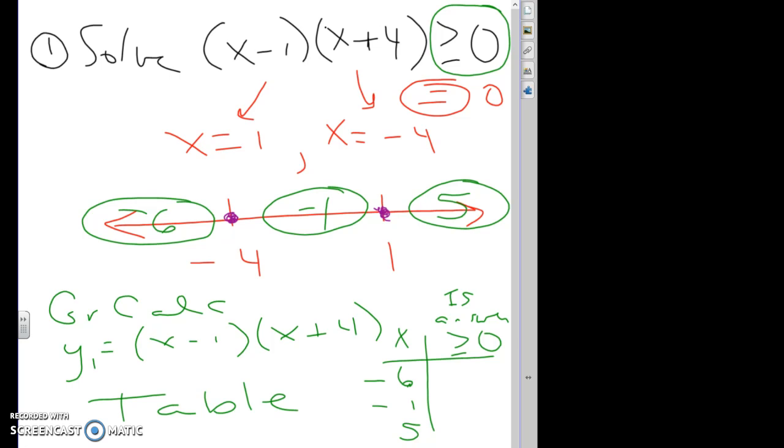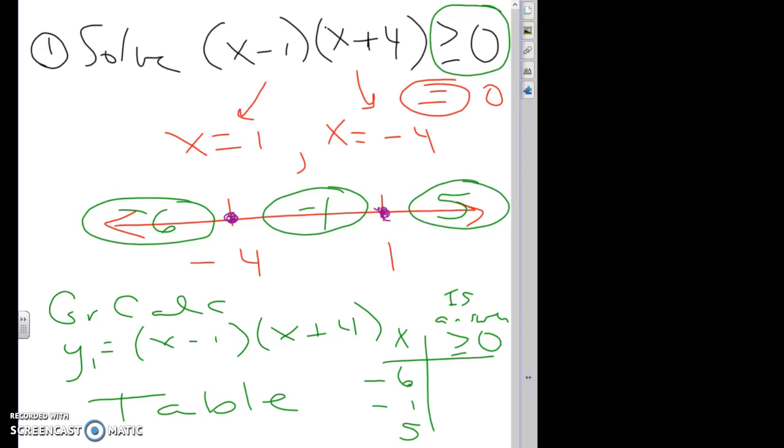When we put in negative 6, we get a positive answer, which is greater than 0. When we put in negative 1, oops, wait a minute. I'm sorry, that was my mistake. No, that's right, I'm just confusing myself.